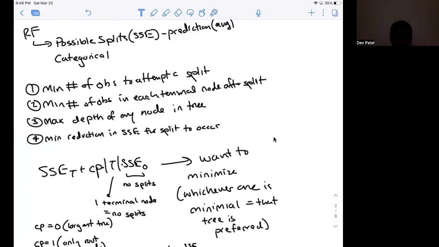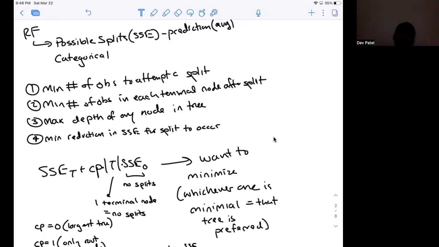So first, the minimum number of observations to even attempt a split. If you're at a node and it does not have enough observations to even attempt a split, that is a stopping criterion. You don't further split the node. Next, if you were to split the node and you get a terminal node with fewer than the minimum number of observations after the split, then you don't split the node.